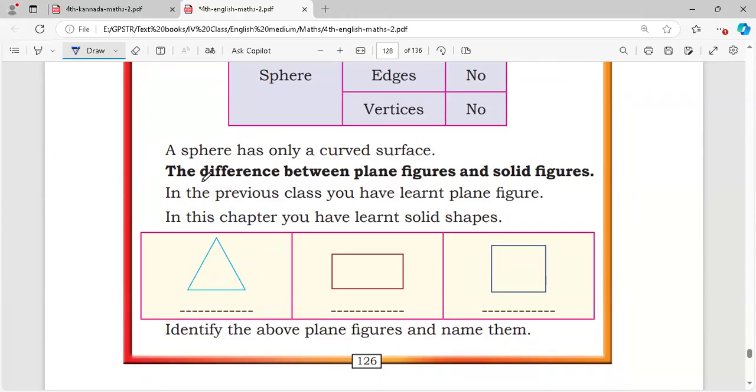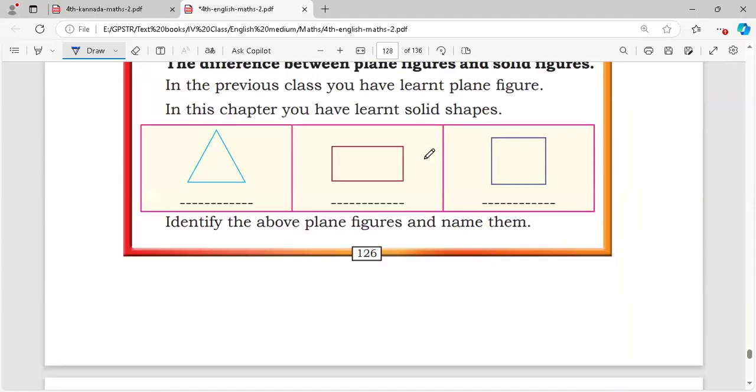The difference between plane figures and solid figures. In the previous class, you have learned plane figures. In this chapter, you have learned solid shapes. Identify the above figures and name them. This is a triangle. This is a rectangle.